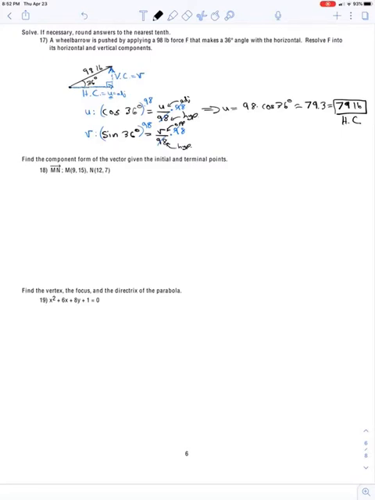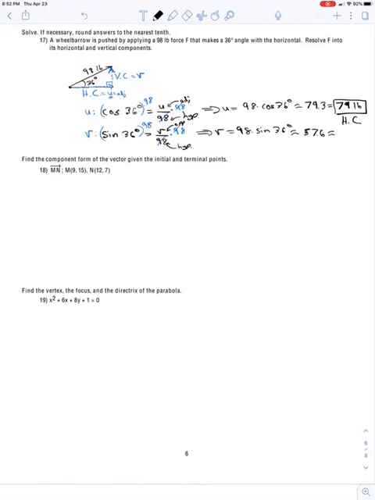So as we're solving for V, V is equal to 98 times the sine of 36 degrees. You put that in your calculator, and you get 57.6 if you round it to the nearest tenth.